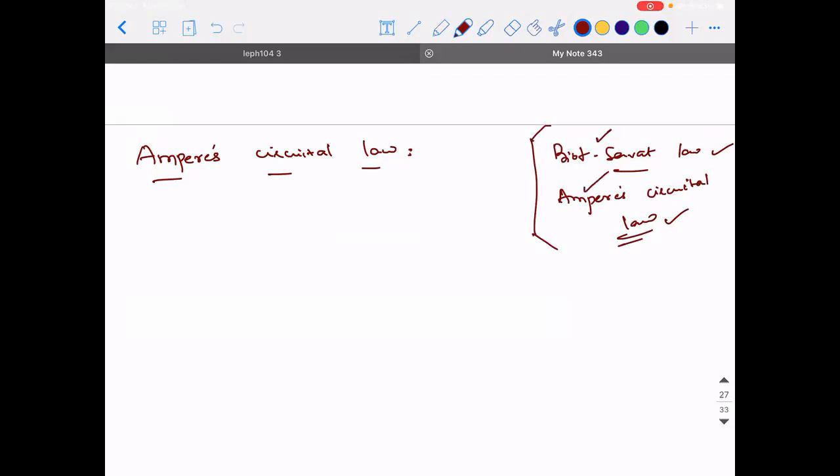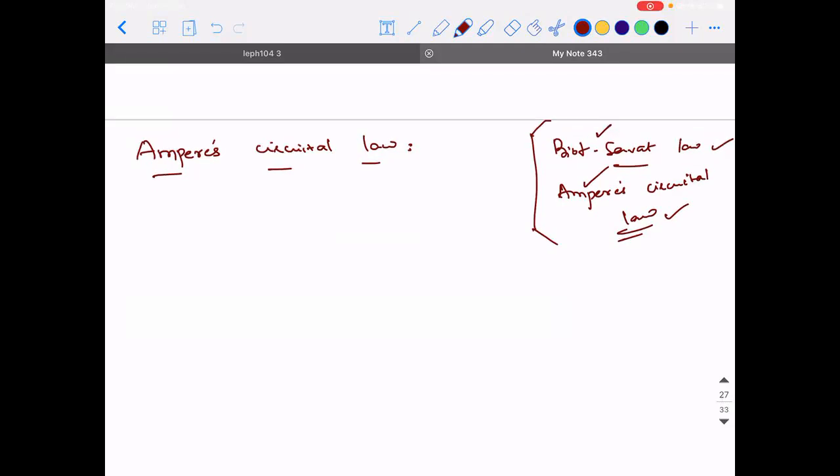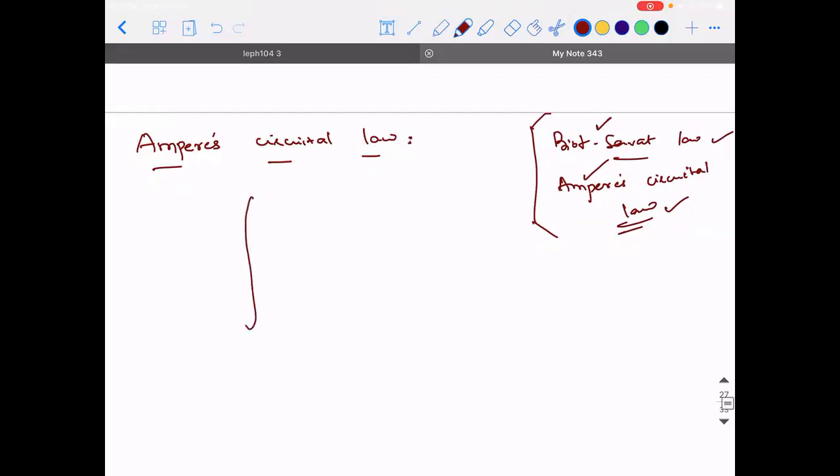Ampere's circuital law is going to solve similar to the concept of Gauss law. So here, observe. If I have a current carrying conductor, which is carrying a current I, and we are interested to calculate the magnetic field at a point P, then we can calculate by considering a small current carrying element and applying Biot-Savart law.